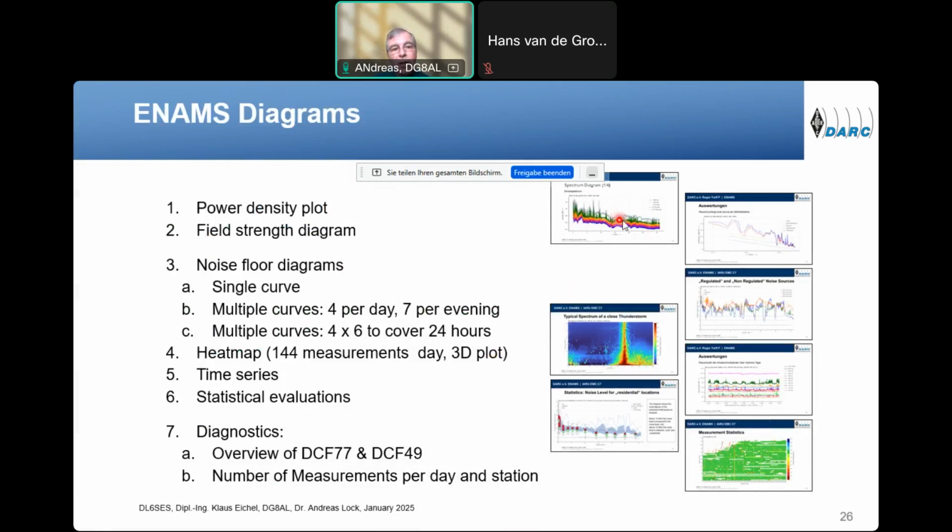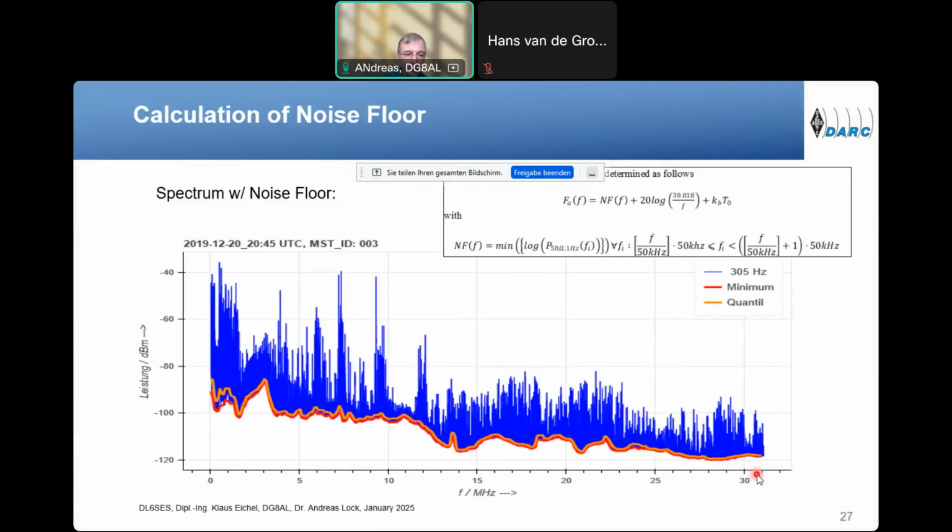Spectrum plots, power density plots, field strength diagram. Then we have the noise curves, a single curve, multiple curves per day. We have the heat map. We have also time series, which is currently not published on our server. We can do some statistical evaluations, and there are also some diagrams for the diagnostic of the system.